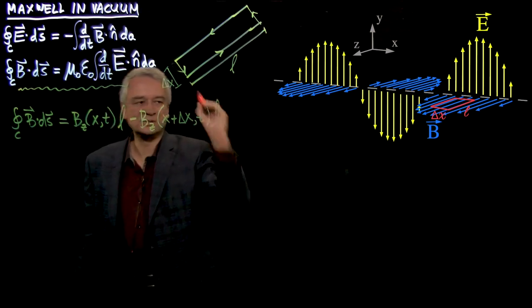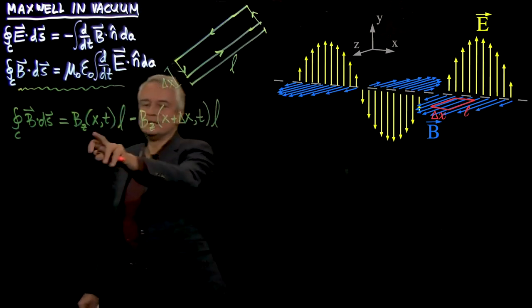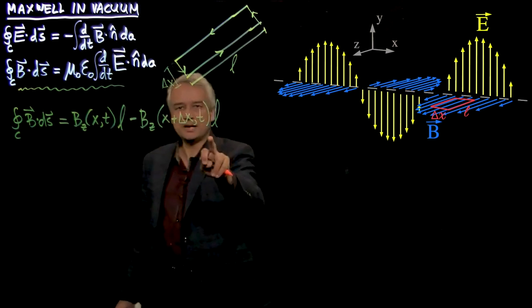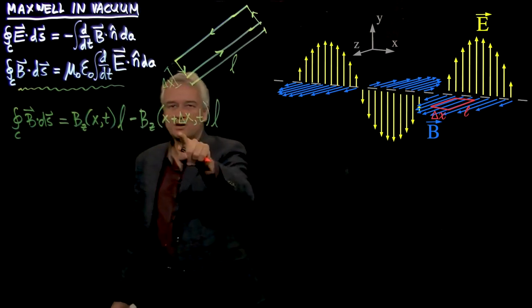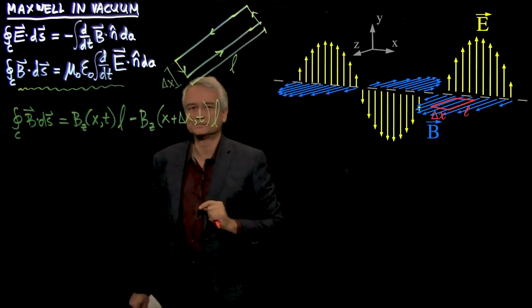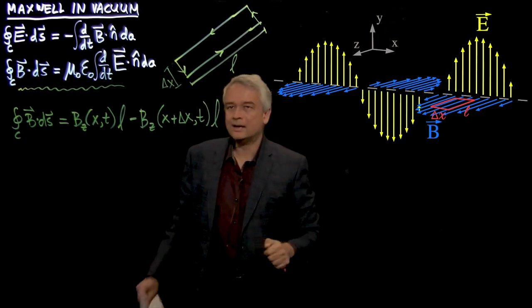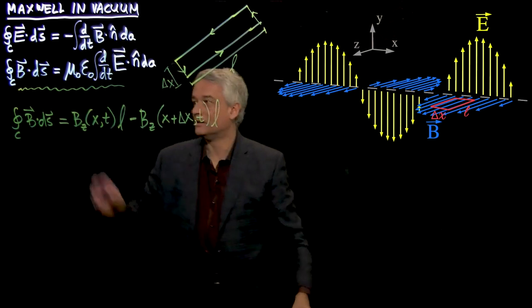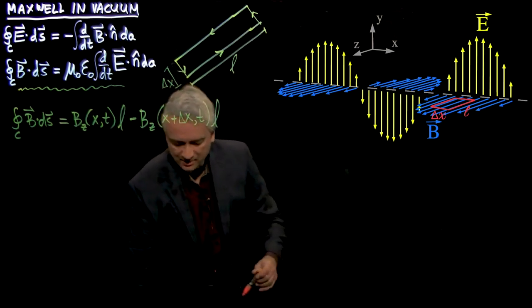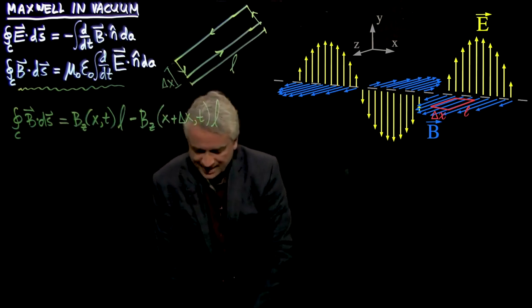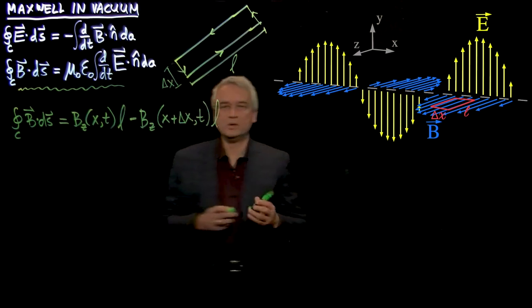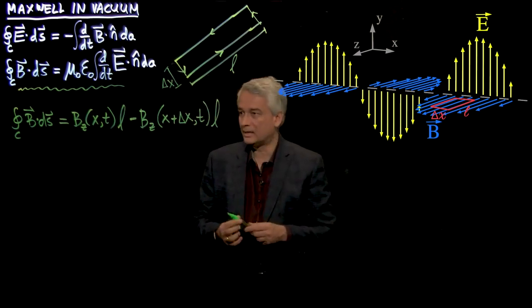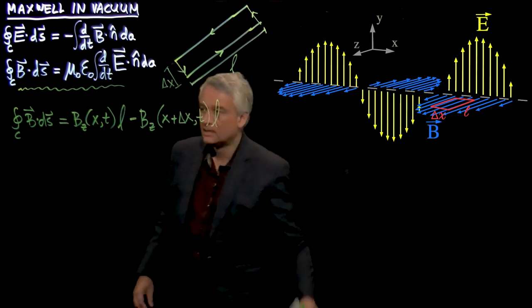And this also is multiplied by L. So yes, I get Bz times L minus Bz times L, but the Bz here and the Bz there are different because they're at different positions. So that's what I get from the left-hand side of this equation. Now I want to start evaluating the right-hand side, and I'll do so in green instead of orange.